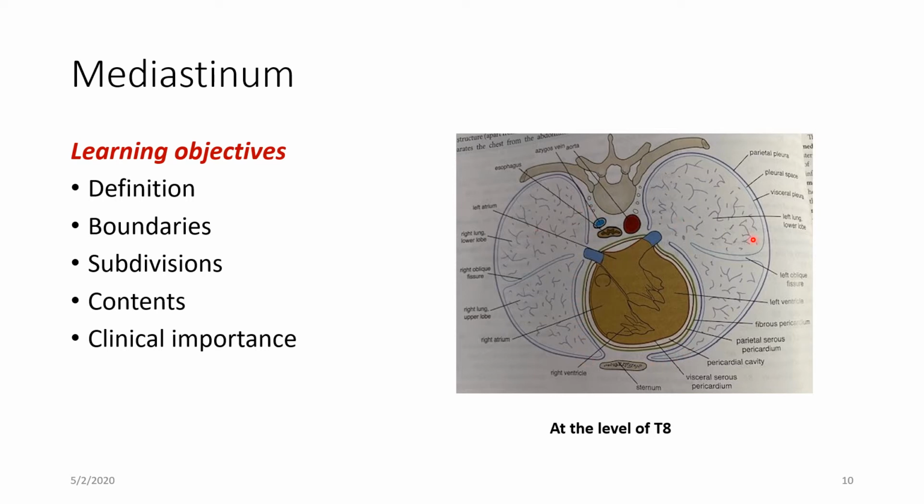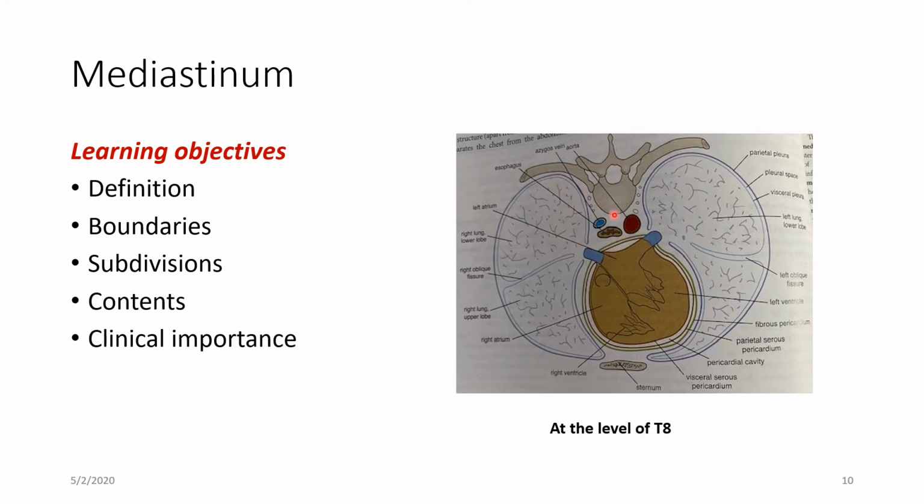And on both sides you are seeing the lungs, the right lung, the left lung, which are covered with the visceral pleura and the parietal pleura with space in between. And some more contents in the mediastinum which you are seeing here are the aorta, the azygos vein, and the esophagus.